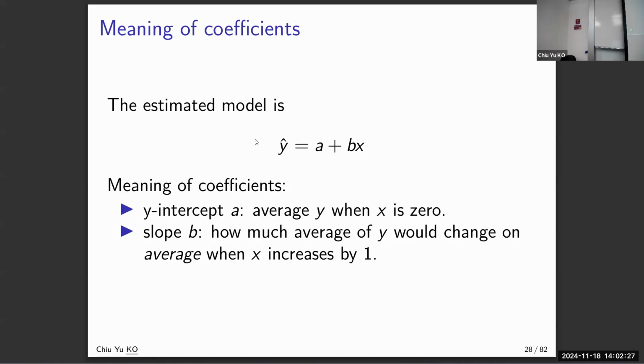The most meaningful thing is B, which we care about the most, because we want to take out how X and Y are related. That is B, the slope. On average, if X goes up by 1, Y will change by beta. That's the interpretation you need to know.